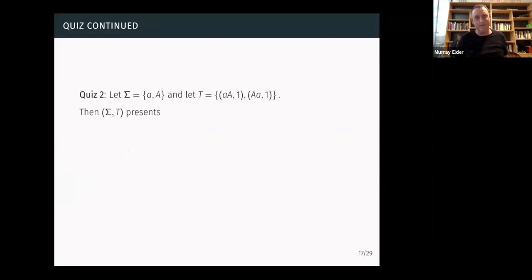Okay, so I think it's time for a quiz. I've numbered it too, but I've had many. Here's an example. I've got little a and big A. And the rules, you can take a little a and a big A as a subword and replace it by the empty word, which I've called 1.